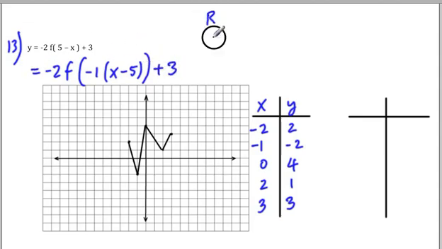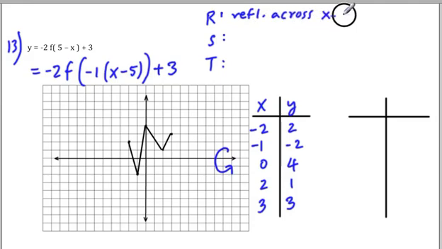So once you get a factored form, then you can do RST. So the reflection is for all the y coordinates, so it's a reflection across the x-axis.